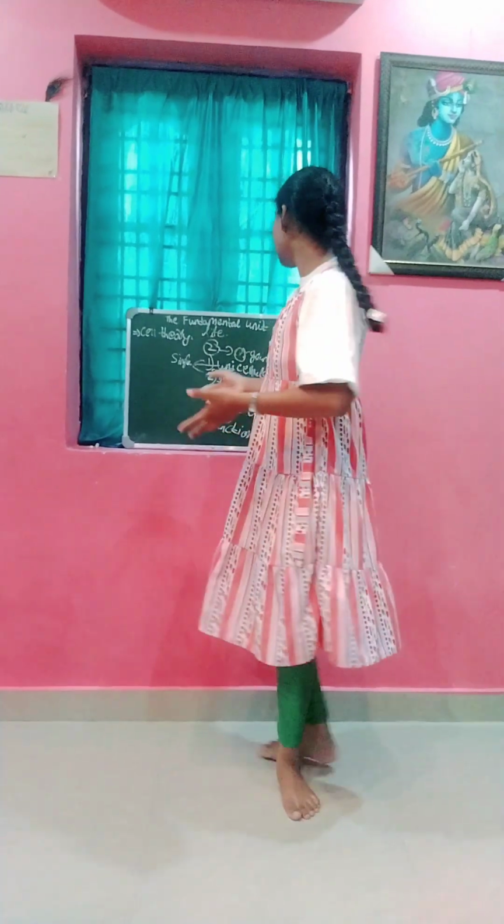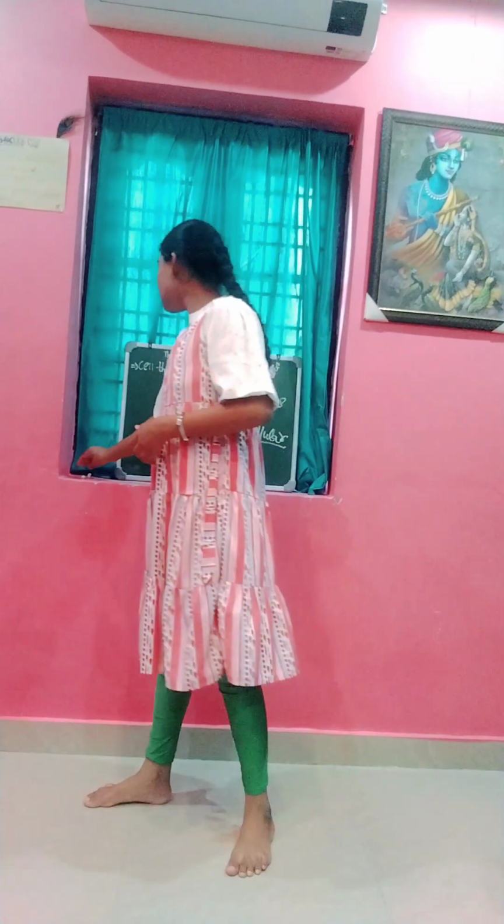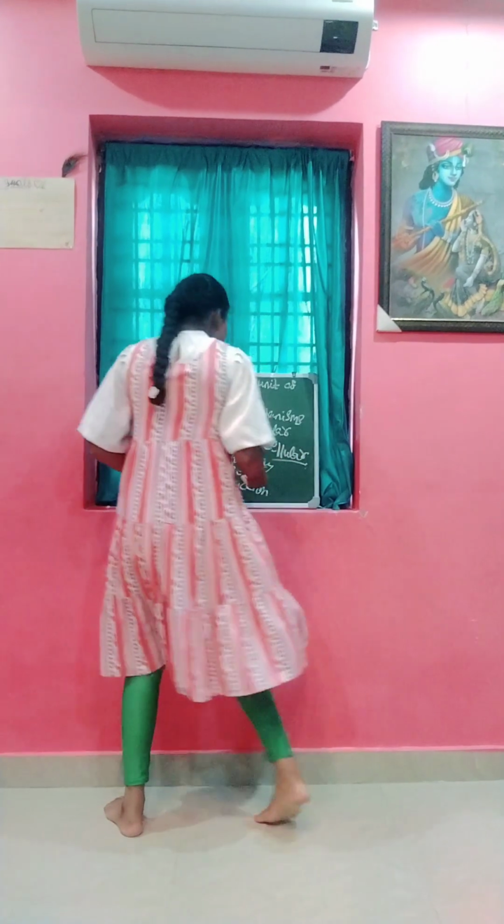So the cells are in different shape, size, and what function will they do? They give information to other parts. So now I am explaining the chapter to you. Who is telling me to explain? The brain was giving the message to me. That's why I am explaining the chapter to you. Understood?